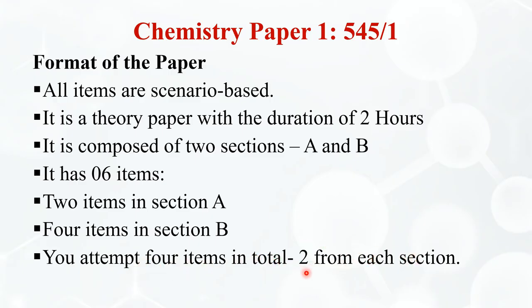Section A has 2 items which are compulsory, and section B has 2 parts, 1 and 2, where each learner selects only 1 item from each part. So in total we have 4 items.